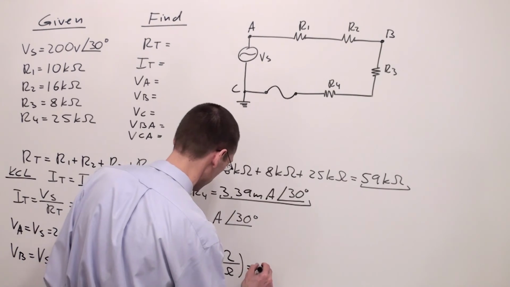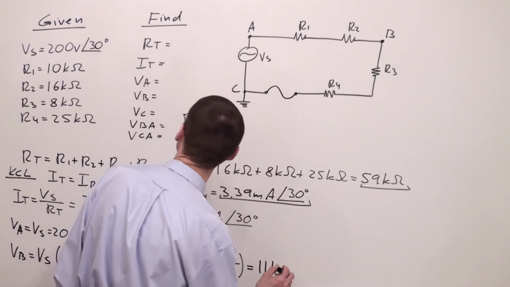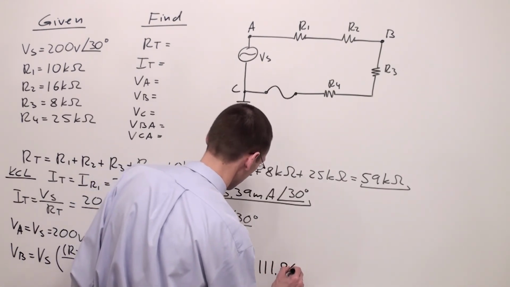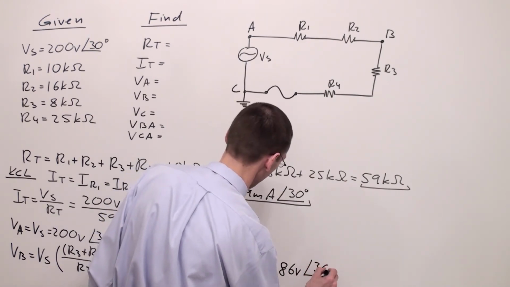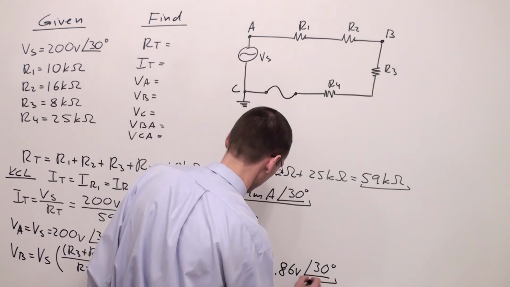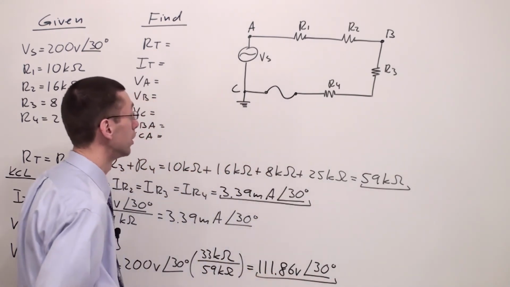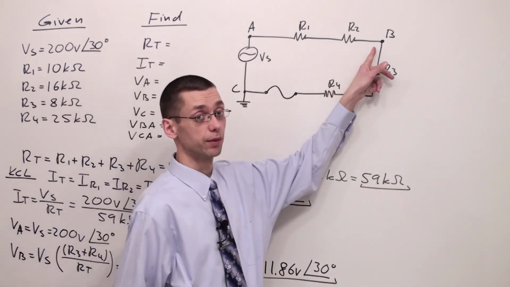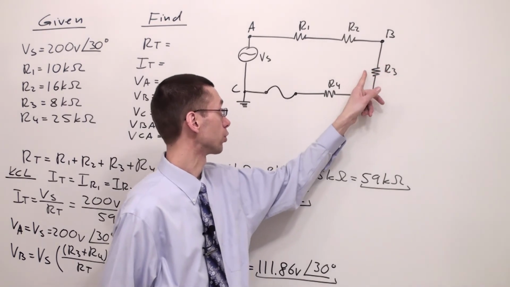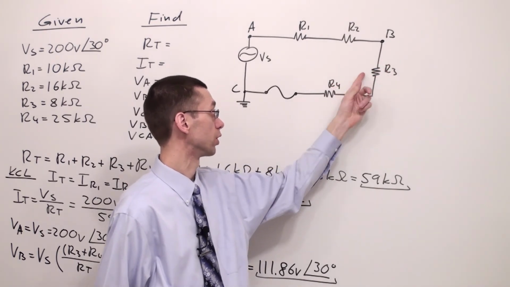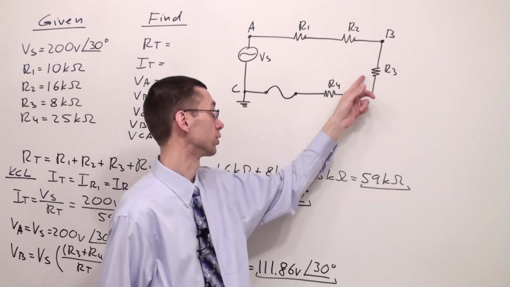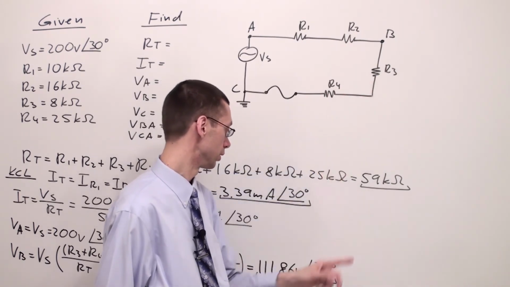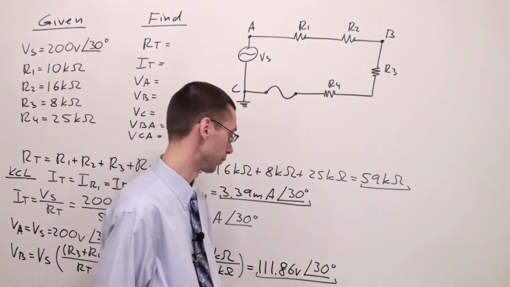This is equal to 111.86 volts and angle of 30 degrees. This is the voltage at point B. In other words, this is the voltage across these two resistors. If you use Ohm's law and find the voltage across this resistor and this one, add them up together, you'll obtain the same value.